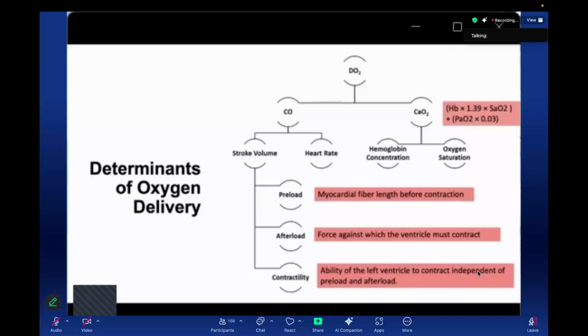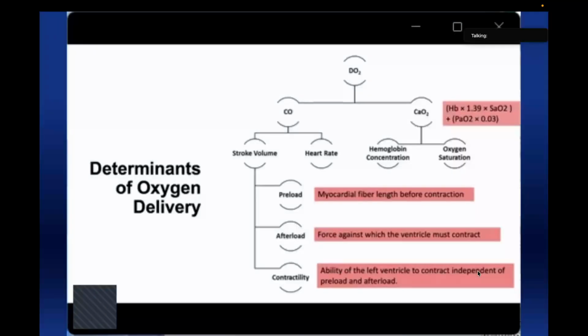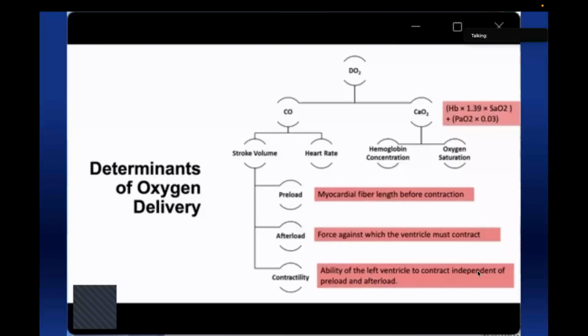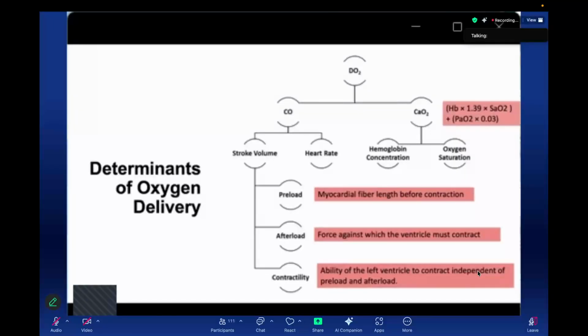This is my favorite question with our residents: how do you get blood pressure? Blood pressure is equal to cardiac output times peripheral resistance, and cardiac output can be derived from this equation: stroke volume times heart rate.